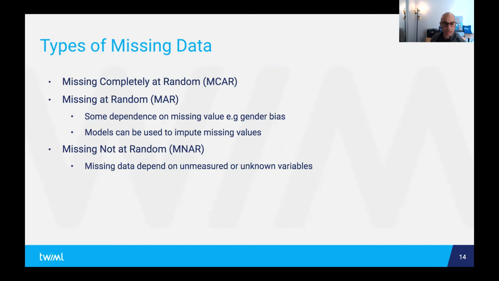Missing completely at random means there's no clear dependence of the missing data on your existing variables. Missing at random means there is some dependence, and you can potentially use that dependence to impute missing values.